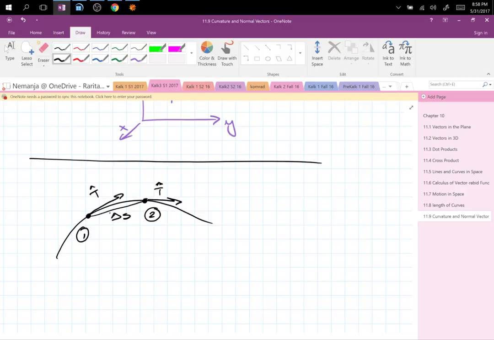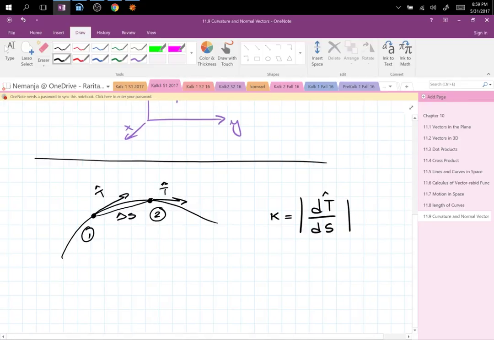So we will say that the curvature k, which is a quantification of, we'll talk about that, is given as the magnitude of the derivative of the tangent vector with respect to the arc length. Now this is our unit vector.